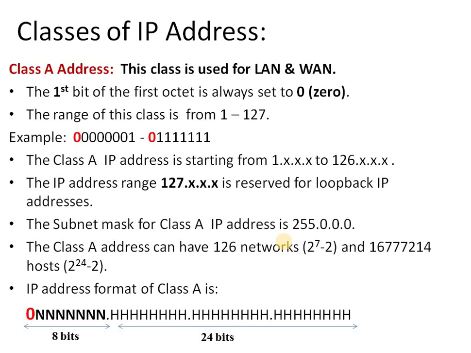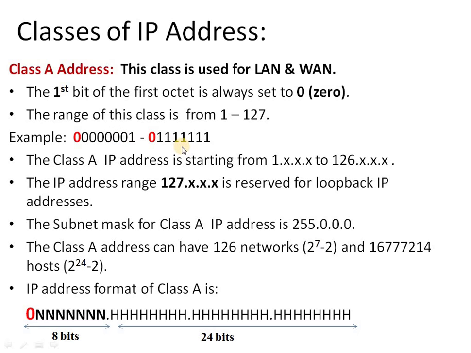Now the classes of IP address in detail. The first class is the class A address. This class is used for LAN and WAN. The first bit of the first octet is always set to 0. The range of this class is 1 to 127, a total of 128. In the example, the first digit is 0, followed by 8 bits and 8 bits.